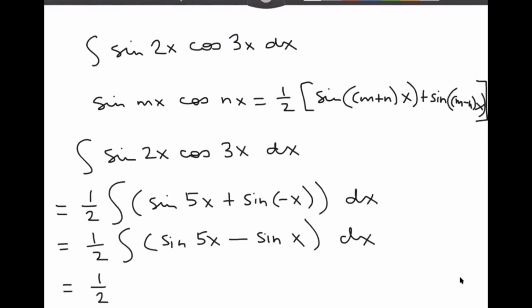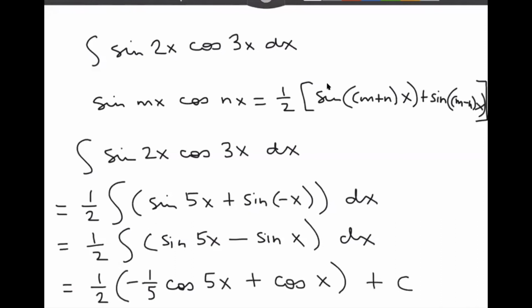By baby u substitution, the integral of sine 5x is negative 1/5 cosine 5x. And of course, the integral of negative sine x is plus cosine x plus c. I think that's pretty enough.